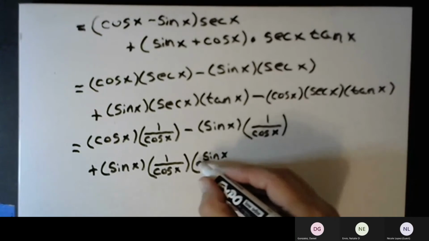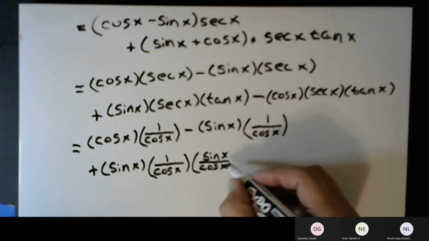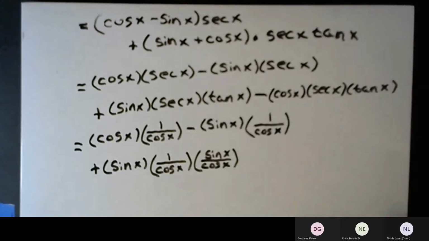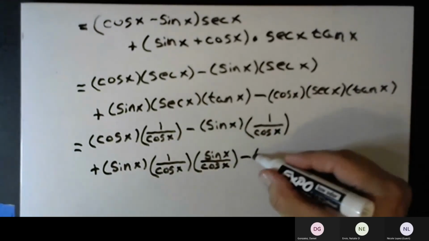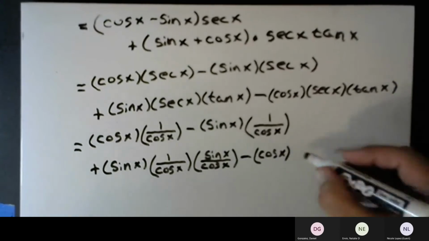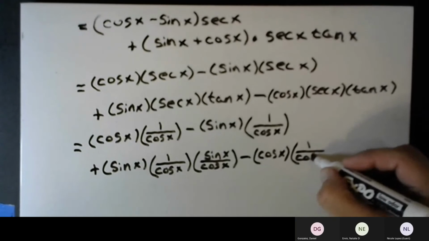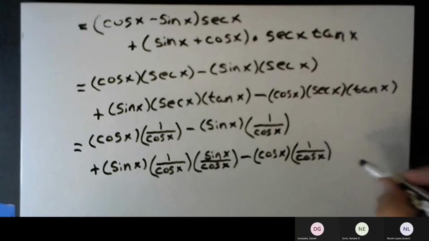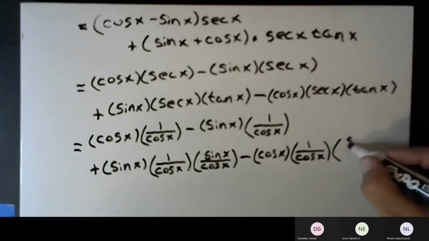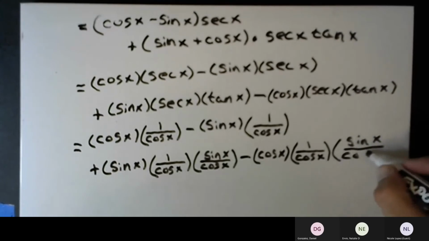This is sine x over cosine x minus cosine x over 1 over cosine x, and then sine x over cosine x.